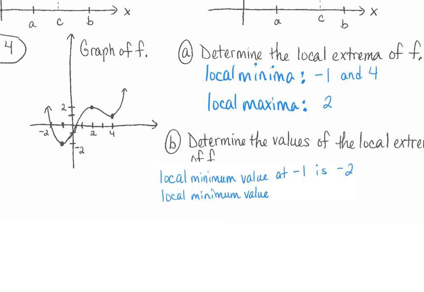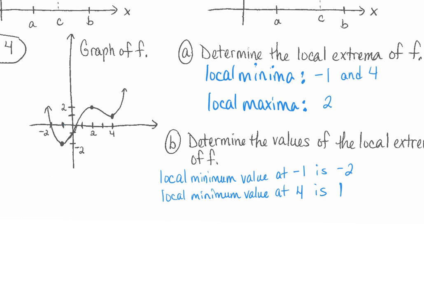Good. So that means we go to -1 and we pick up this -2. That's the value. Then the local minimum value at where? 4, good, bless you, is what? What is it? 1, good.